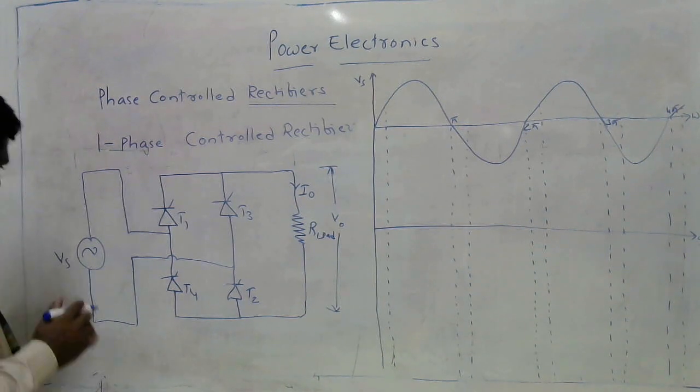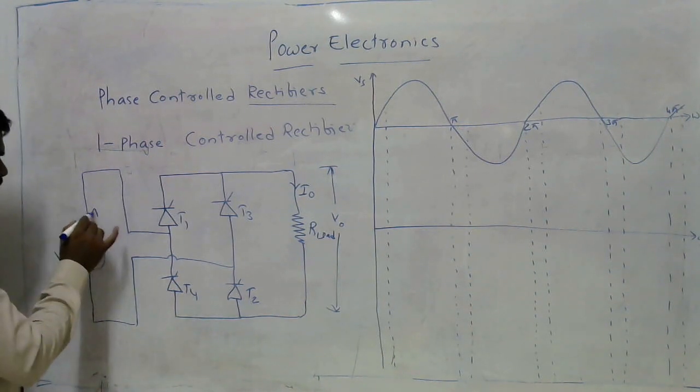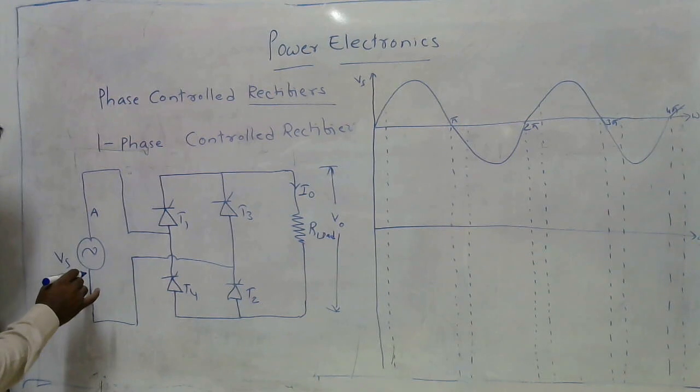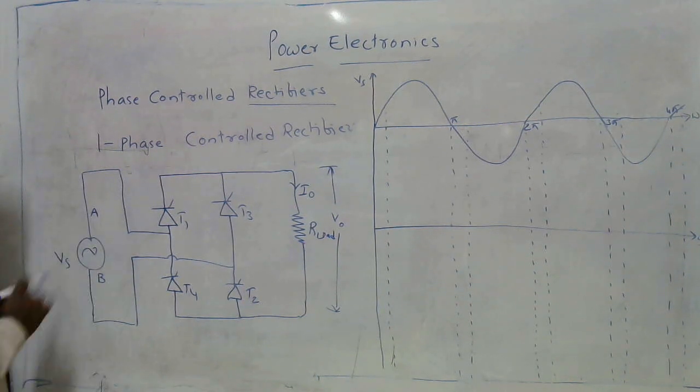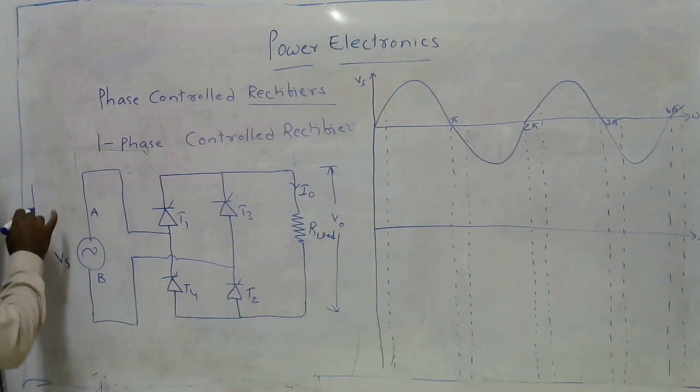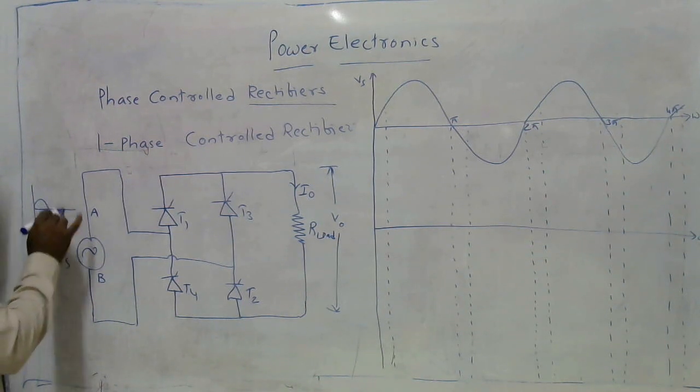Look at this. I am just giving the notation here: this is A, this is B, because it is an alternating quantity.